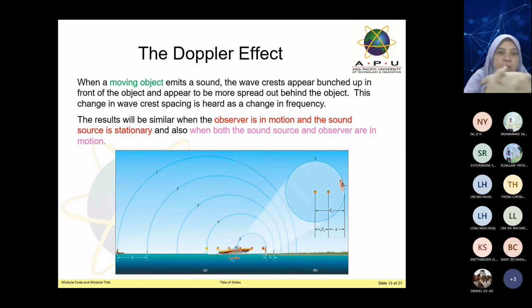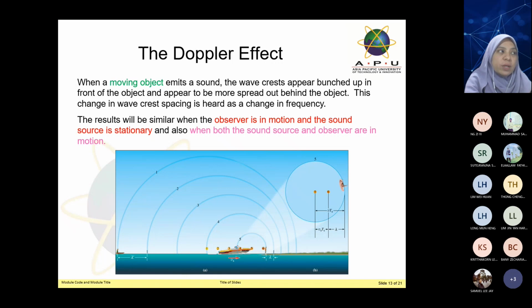So the next topic is called the Doppler effect. What is the Doppler effect? When a moving object emits a sound, the wave crests appear bunched up in front of the object and appear to be more spread out behind the object.